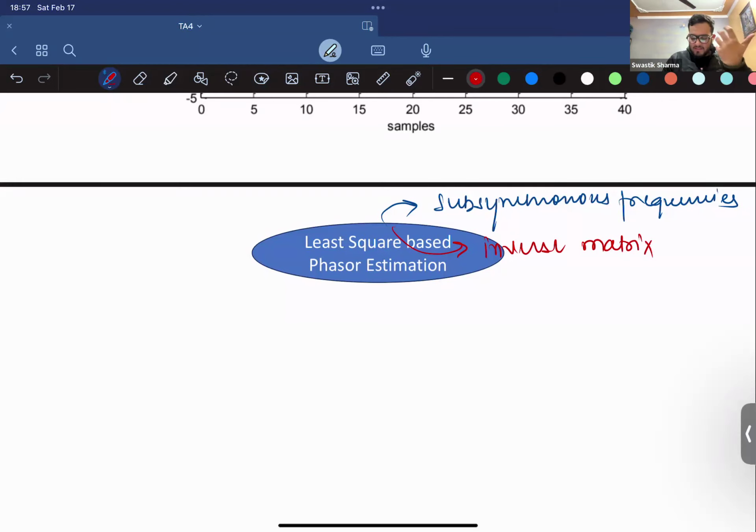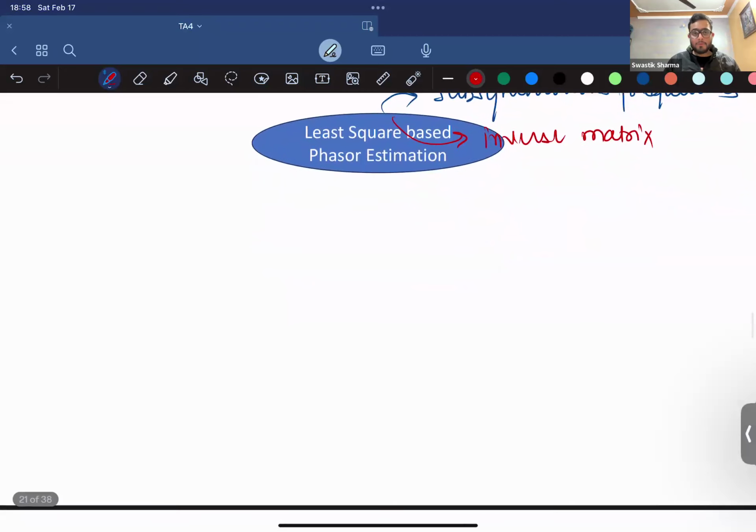If the size increases, it becomes harder to invert. And sometimes the matrix you have won't be invertible at all. But still, it's a healthy way of analyzing things.